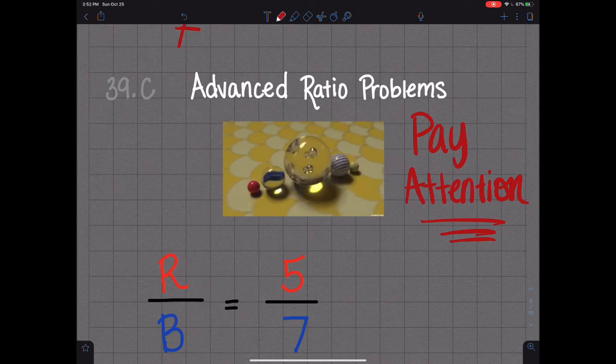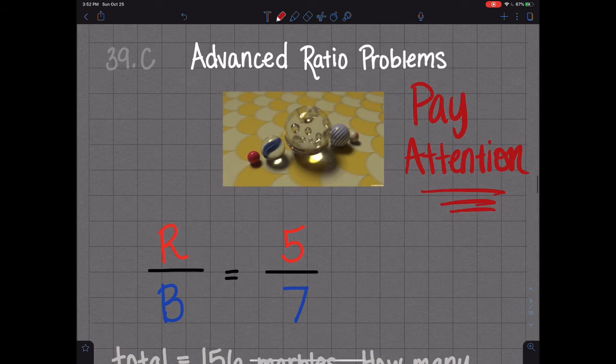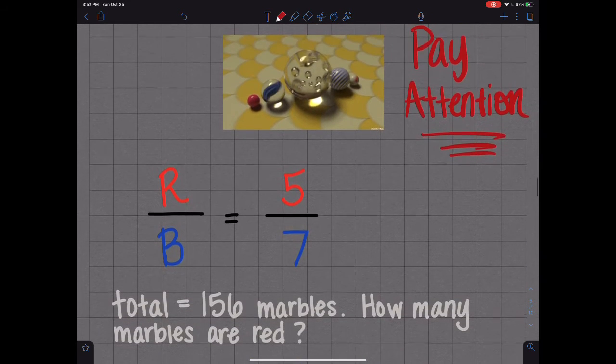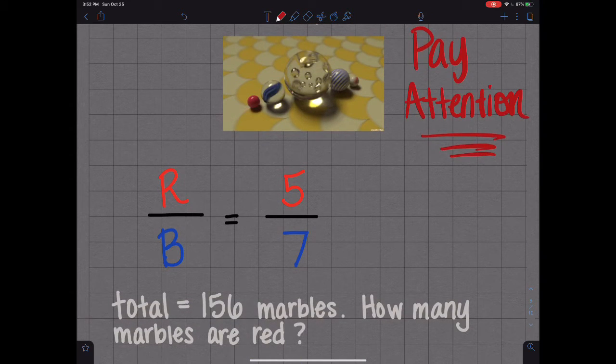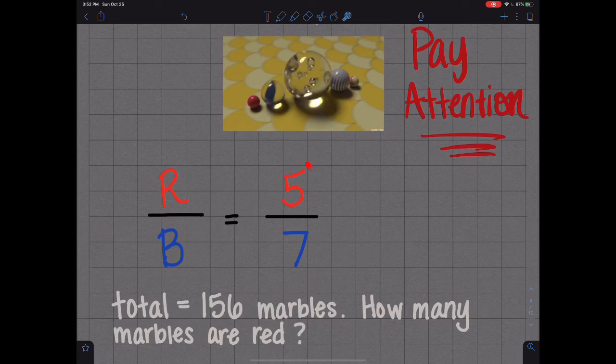So some ratio problems are hard because there's important information that's sort of hidden in the way the problem is worded. Okay, so for example, if we are told that the ratio of red marbles to blue marbles is 5 to 7, we would write it like this.